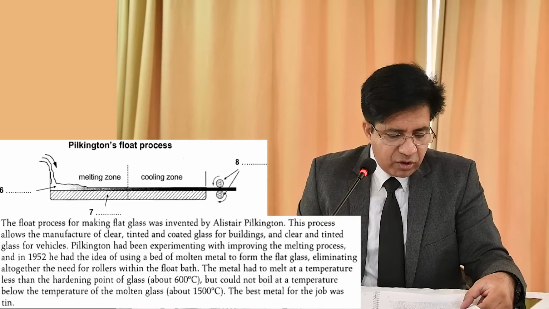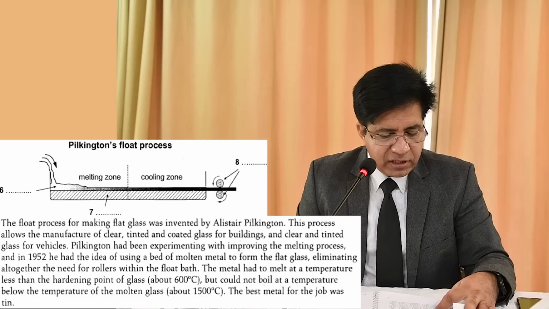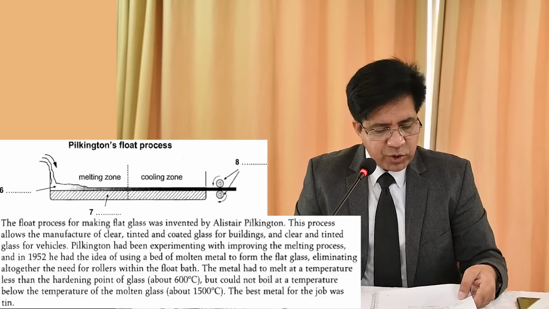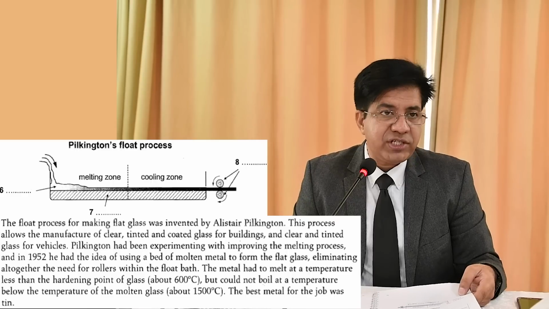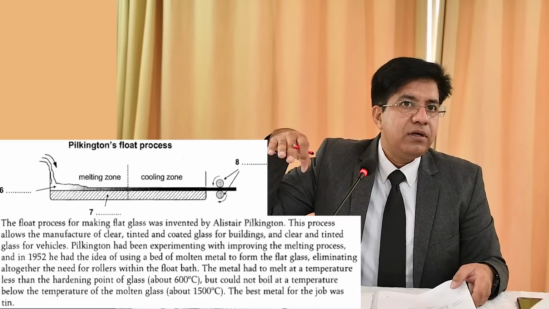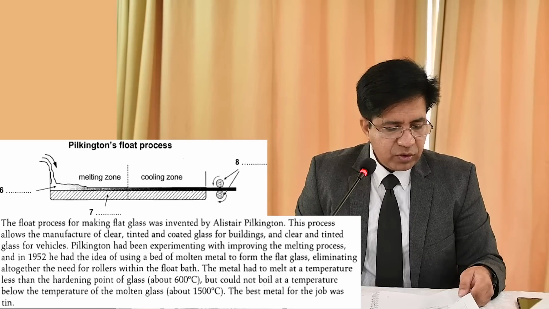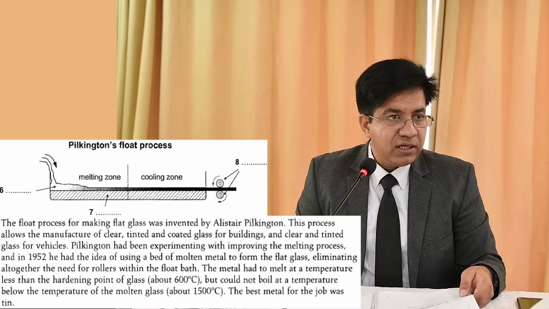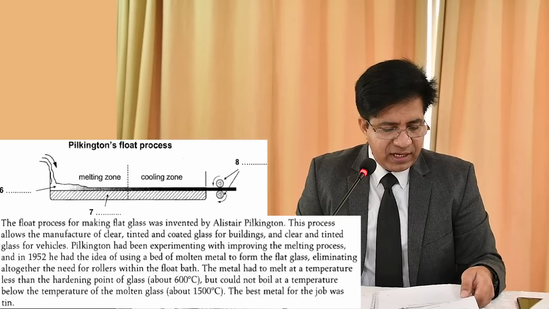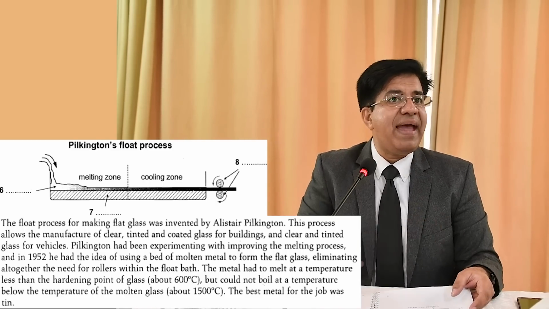Below the temperature of the molten glass. So molten metal is the bed. Bed means surface. So for surface you can write molten metal. Question number 7. Now these answers are a little before and after. 7 comes first and then we have 6. So the answer to question number 6 is molten glass, that came later, and number 7 is tin, or you can write molten metal. That is the bed actually.